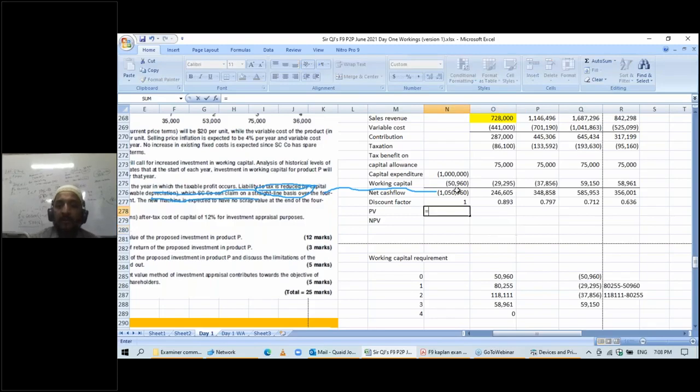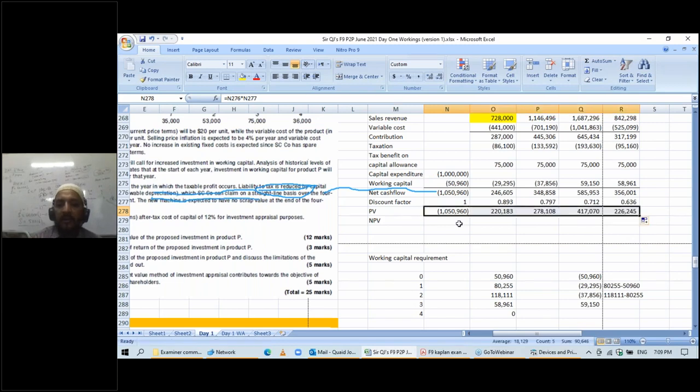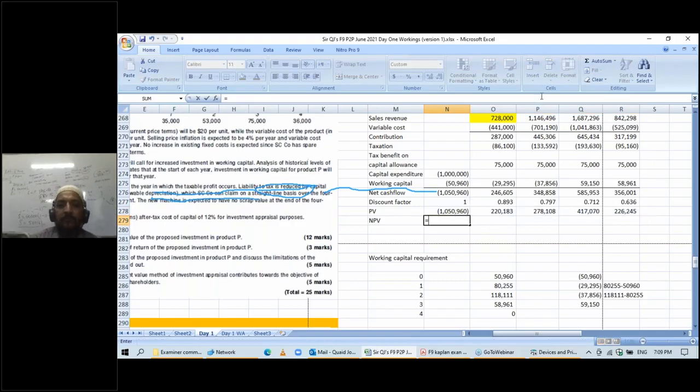Once you multiply, you get the present values. And if you add all the present values, you get the net present value.